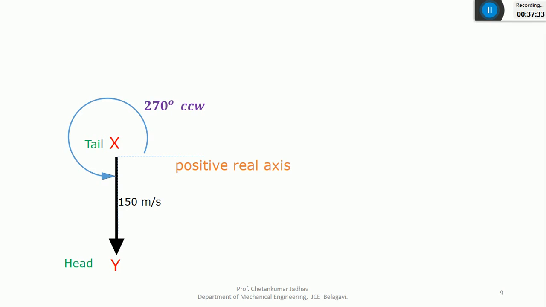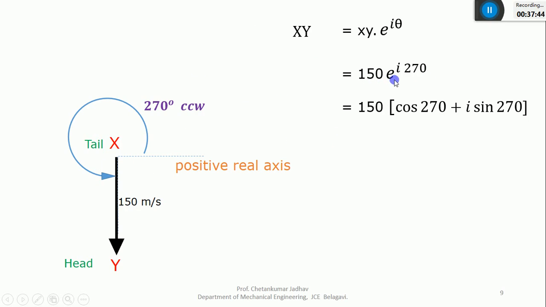Because this angle is 270 and it is in counterclockwise with respect to positive real axis and the tail. So I can write 150 into e raised to I theta, that is theta is 270. E raised to I theta is cos theta, that is cos 270 plus I sin 270. Right. Whatever you got, the answer is right.